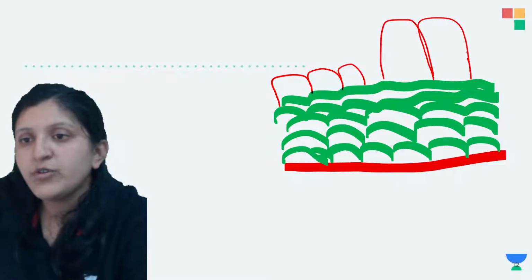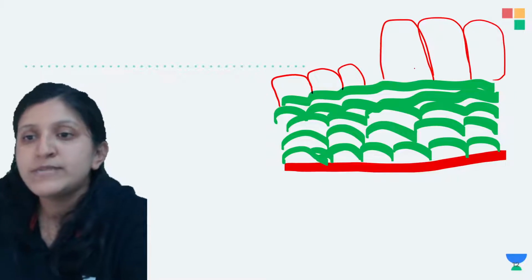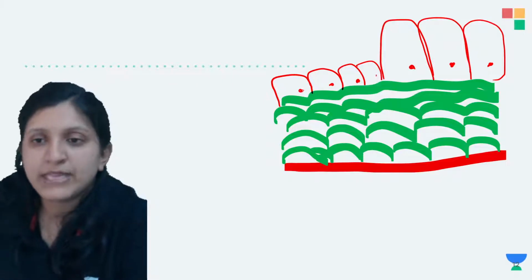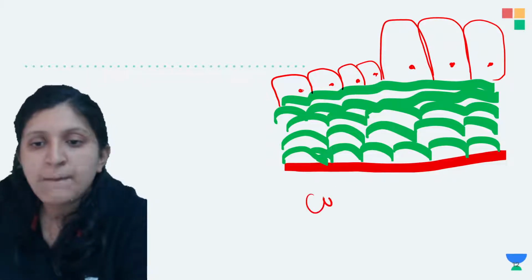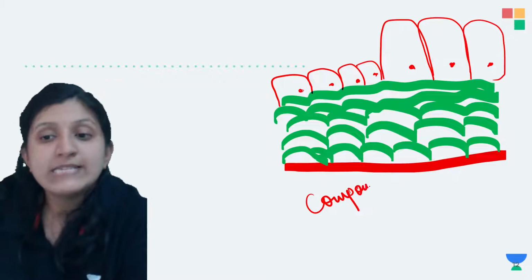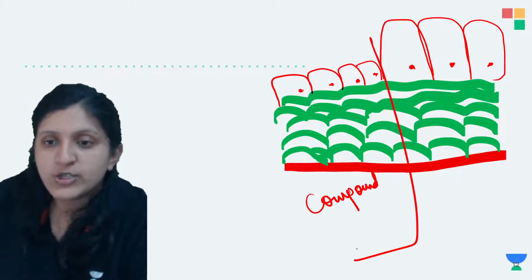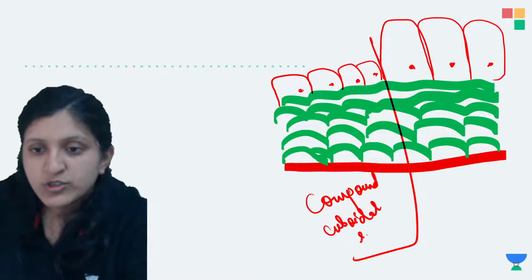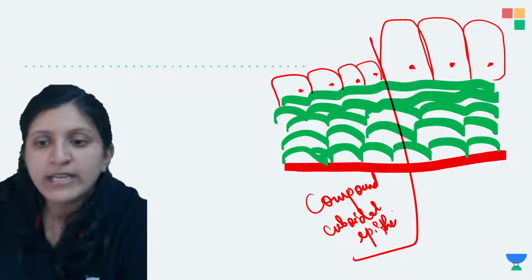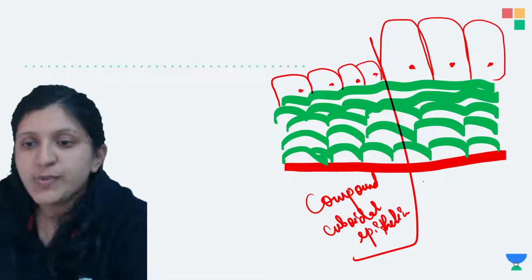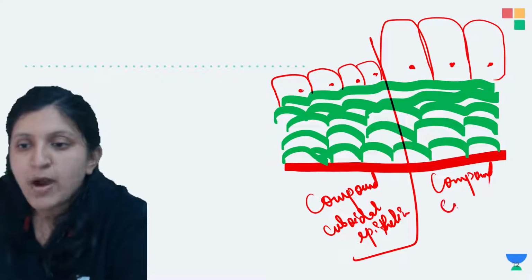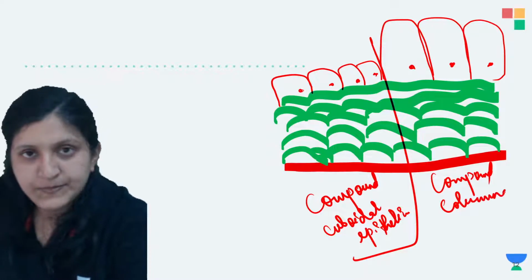Depending on what you observe on the top, that is considered to be the particular epithelium. So this one is a compound epithelium, but it is a compound cuboidal. This part is compound cuboidal epithelium, and this part is compound columnar epithelium.